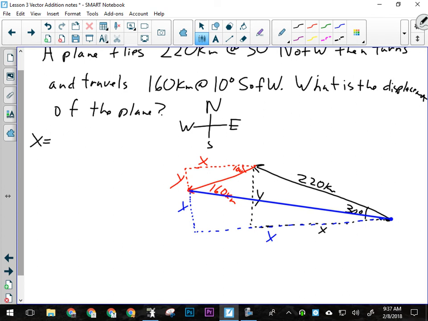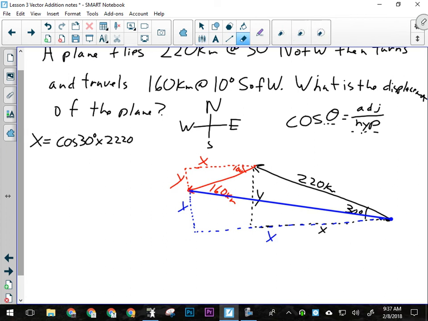So for X, okay, so sorry, let's line this up. The cos of theta equals the adjacent side divided by the hypotenuse. I know the hypotenuse and I know theta. So if I want to solve for adjacent, what do I do with hypotenuse? Multiply it over to here. All right, so I'm going to solve for x by going cos of 30 degrees times the hypotenuse, which is 220.